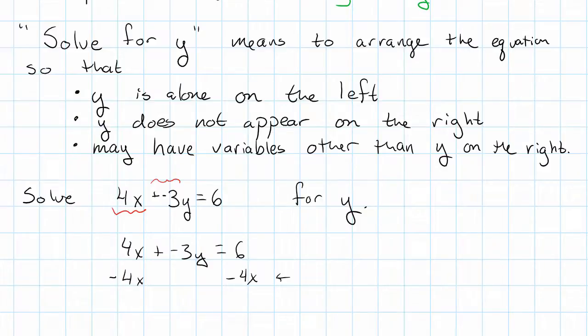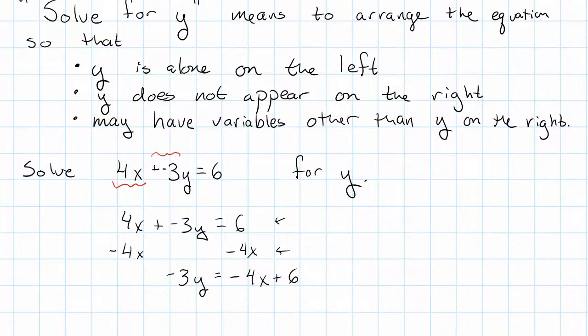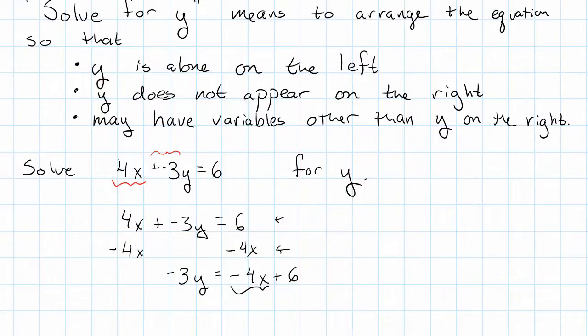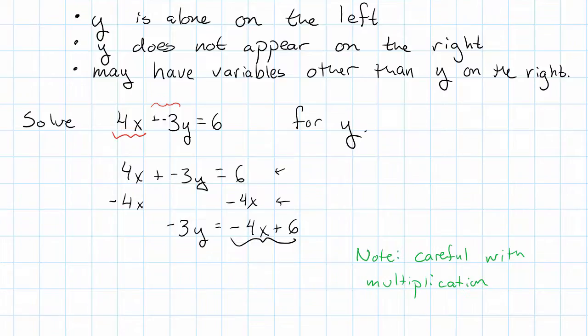Now notice, these are not like terms, so we cannot combine them. Negative 3y equals negative 4x plus 6. And notice, since we could not combine these terms, when we multiply on both sides, we must be careful to distribute. We'll multiply both sides by negative 1/3.